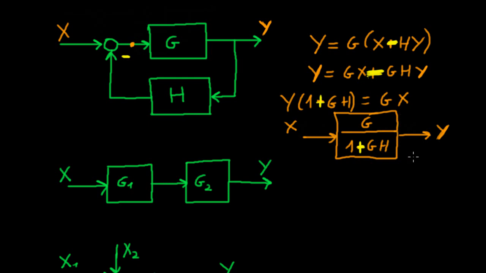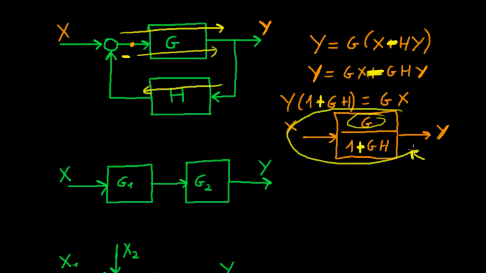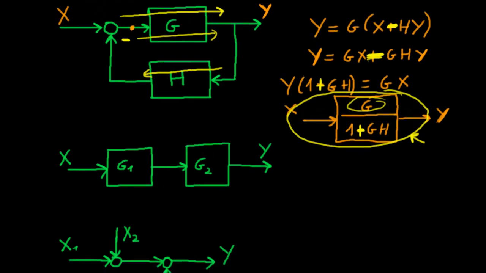And the formula, although I wouldn't like you to learn it by heart, but if you want to remember it, it's just the forward path in the numerator divided by 1 plus the forward path times the feedback path. This is the formula of a feedback loop.